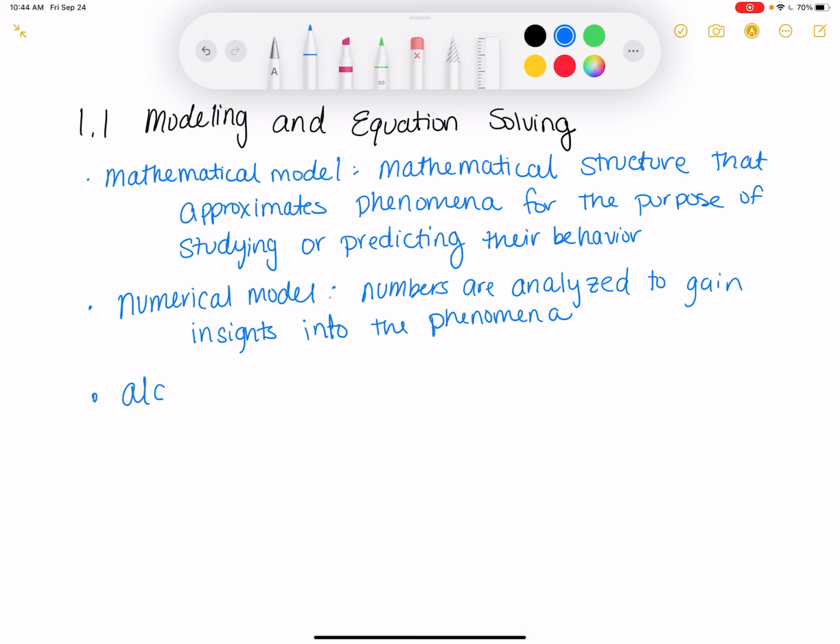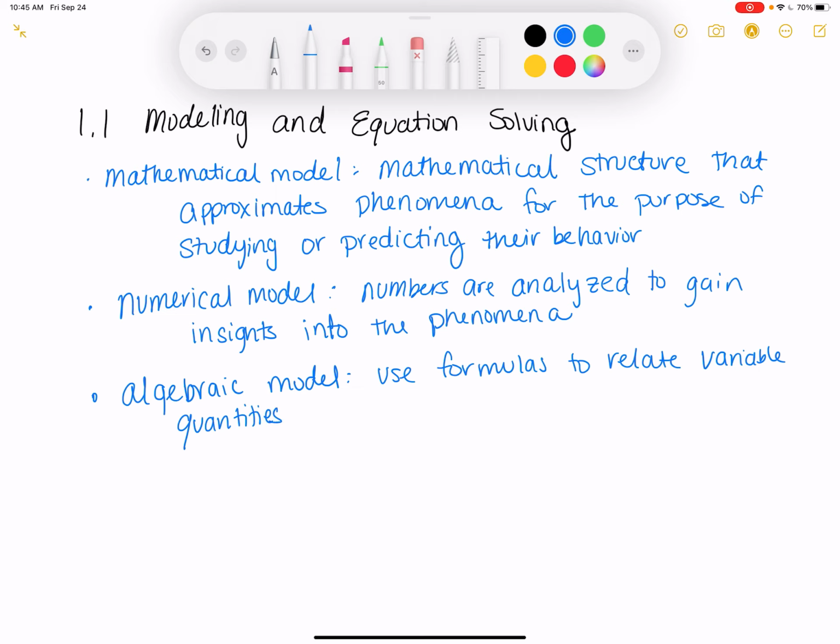An algebraic model uses formulas to relate variable quantities associated with the phenomena being studied.